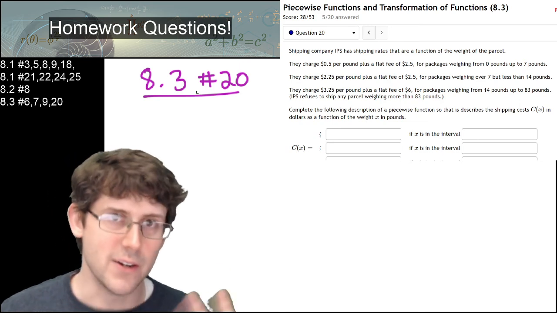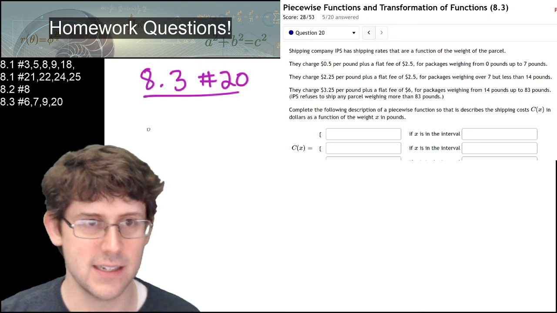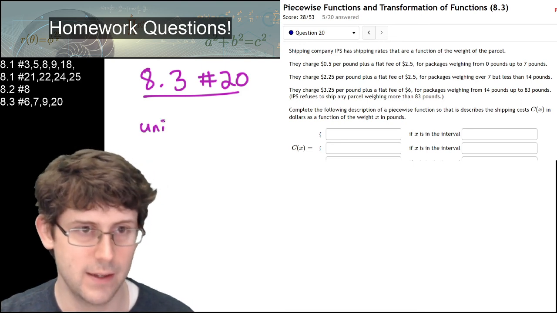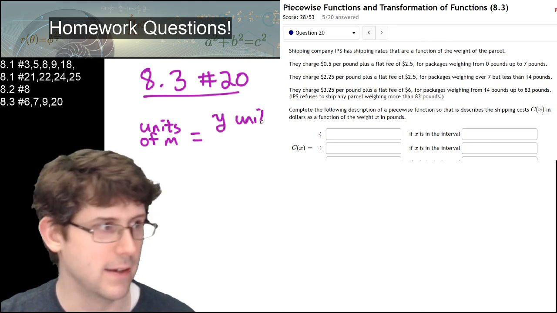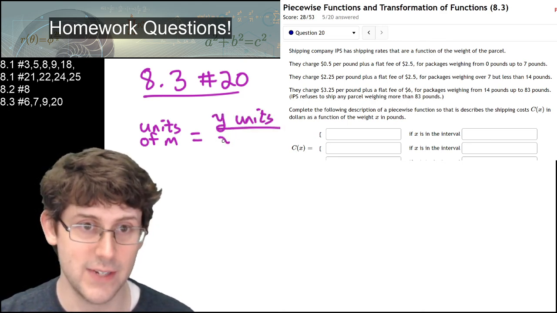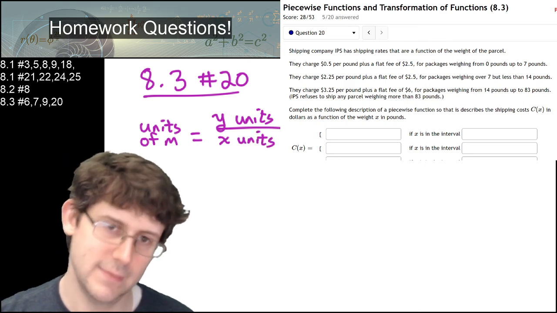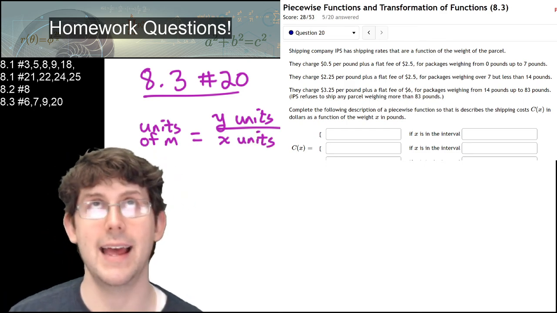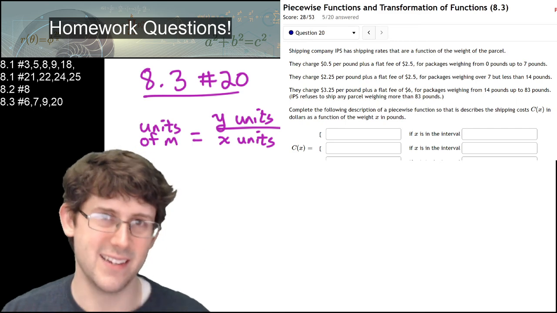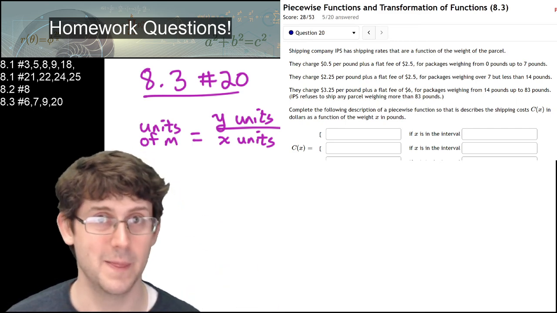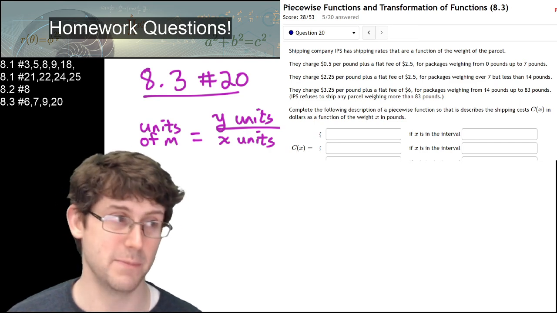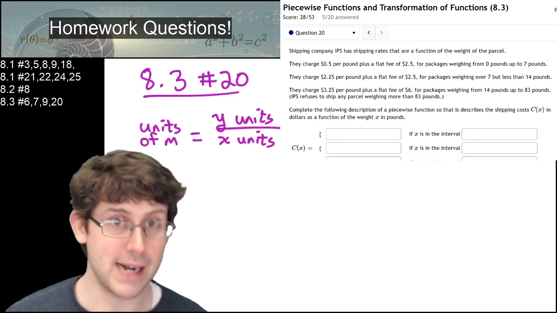What you need to start noticing is that because the units of slope are the y units divided by the x units, anytime you see anything that has units that are like a fraction, you should suspect that might be a slope. So for example, this says $0.5 per pound.